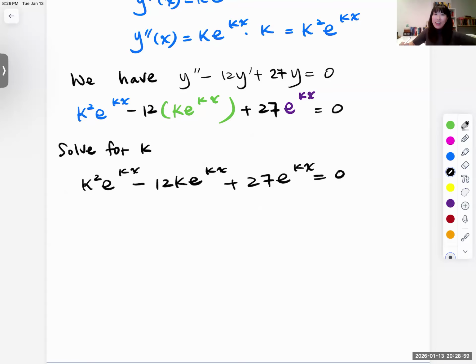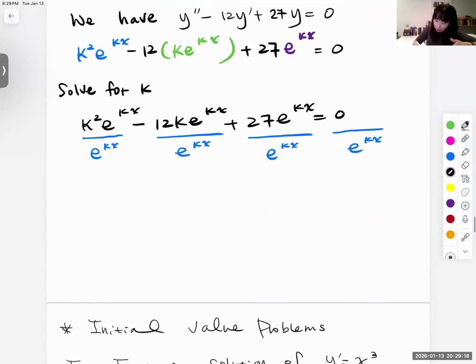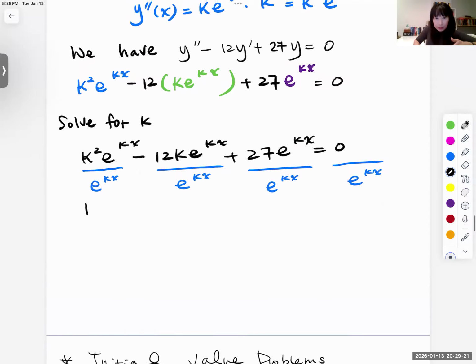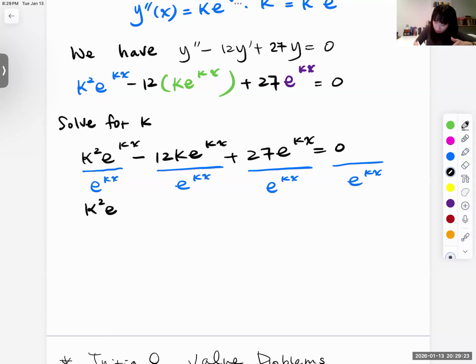Every term has e to the kx, right? So let's divide by e to the kx. So we have k squared minus 12k plus 27 equal to 0, right?